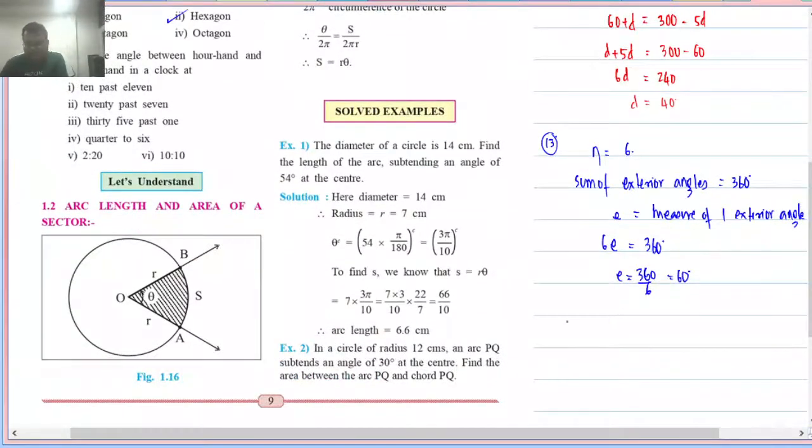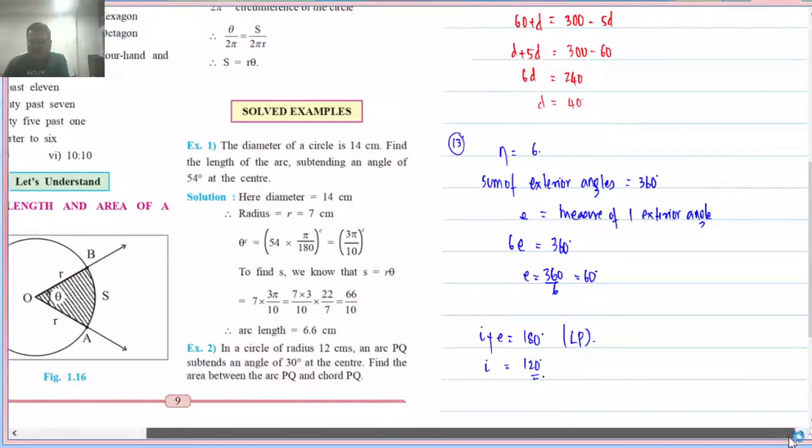Okay. But interior and exterior angles are in a linear pair. Therefore, the interior angle is 180 minus E, which is 120 degrees. So you got the interior angle as 120, exterior as 60.